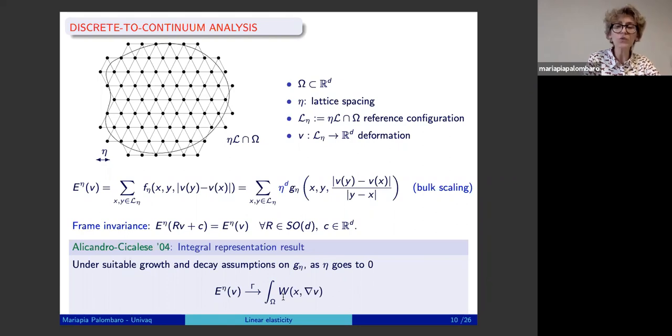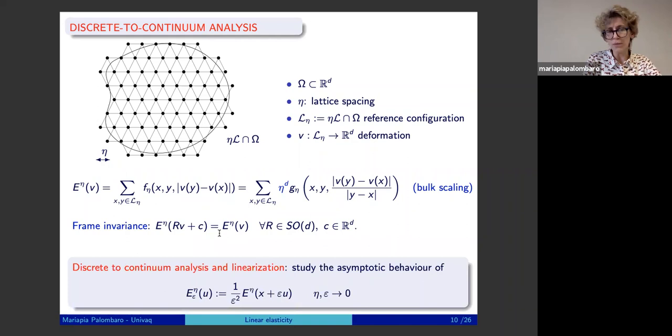So what we need to do instead is to perform a simultaneous limit. So a discrete to continuum analysis and a linearization at the same time. So we need to find a suitable scaling of eta with respect to epsilon so that one can obtain a linearized energy from this scaled discrete energy.